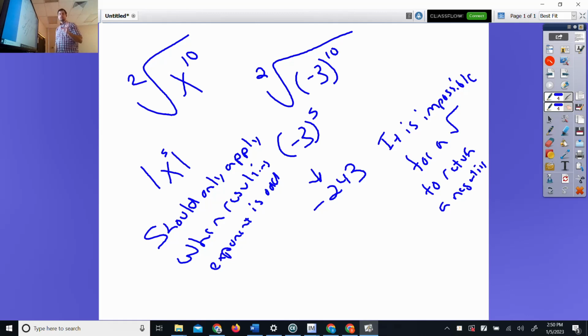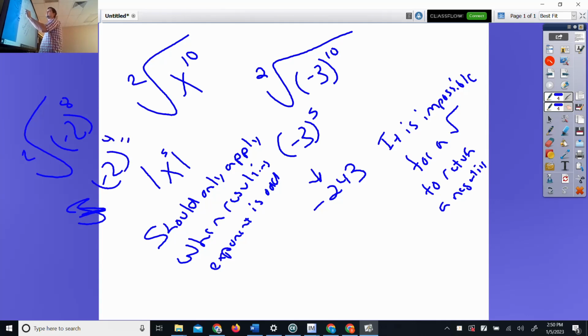Because if it was even, it wouldn't be a problem. If I did something like the square root of -2 to the 8th power, and I followed my little rules, I would get -2 to the 4th, which is a positive 16. So the only time you got to worry about this is when the resulting exponent is odd.